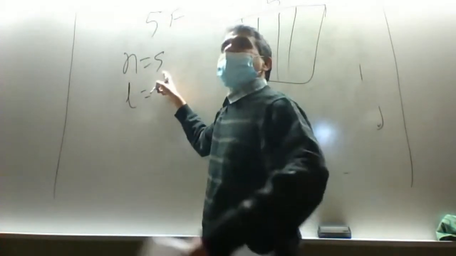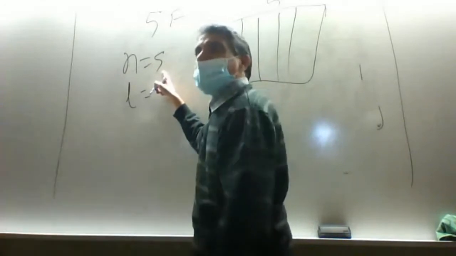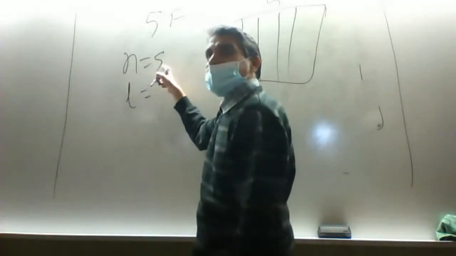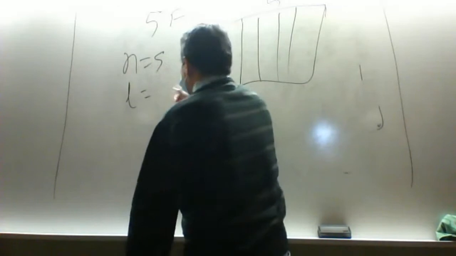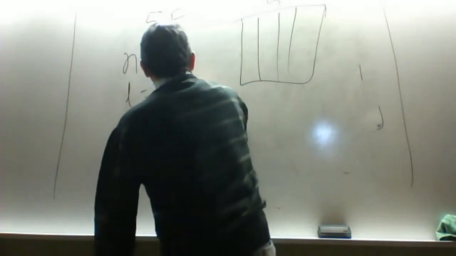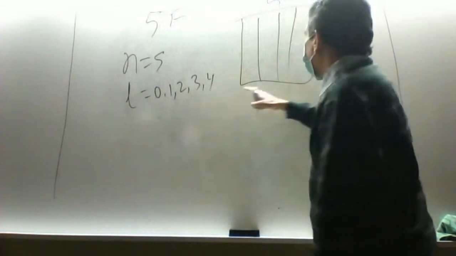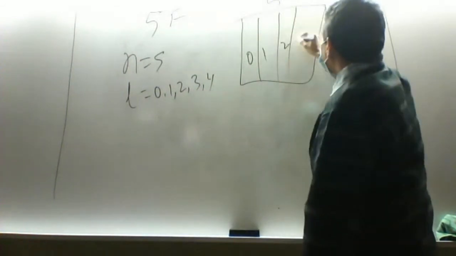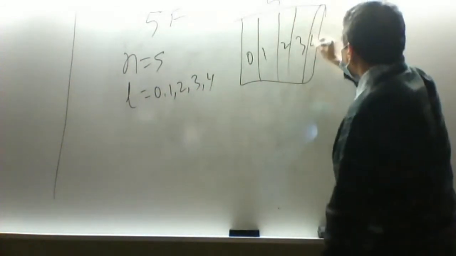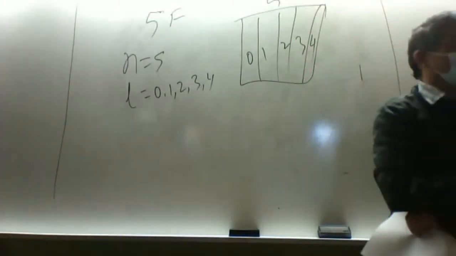I start at 0 and go up to 1 less than this number, right? So that is 0, 1, 2, 3, 4. You see, 0, 1, 2, 3, 4, right? So something like this. Yeah.